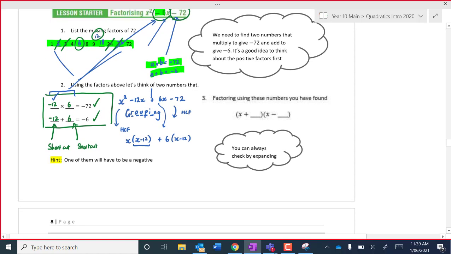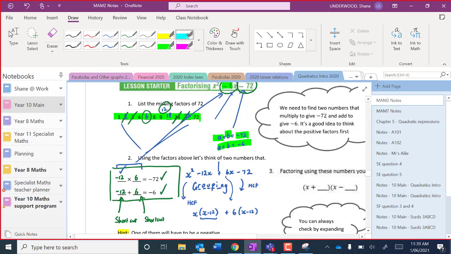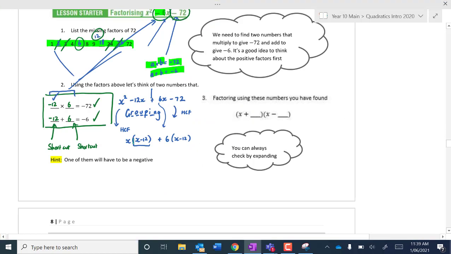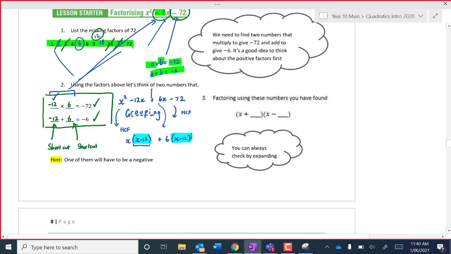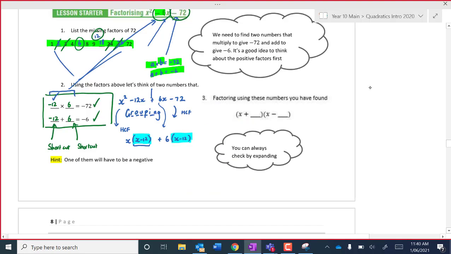Now, just like what we've been doing in previous exercises, if I've got this thing over here where they both have an x minus 12 in common, then that is actually a common factor between the two. And if I do that, then let's do that. X minus 12, factorizing that.